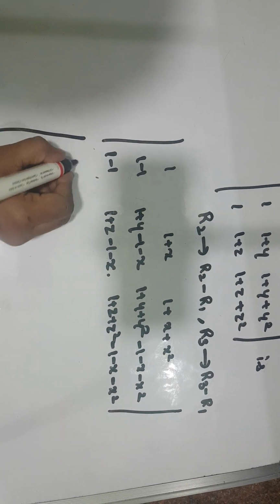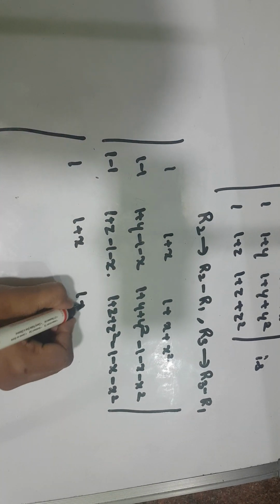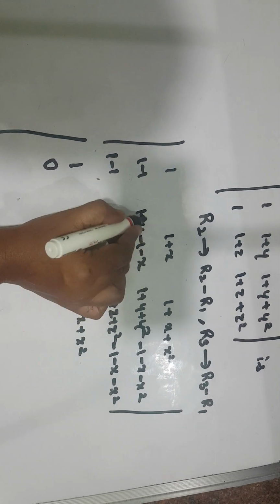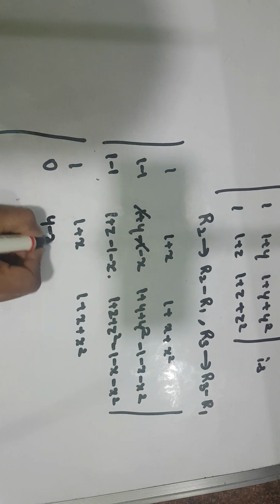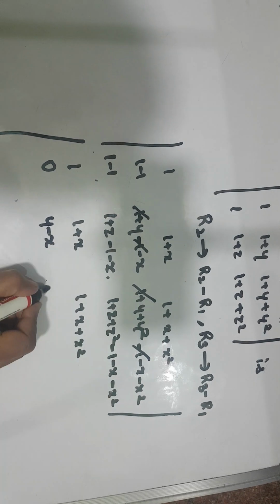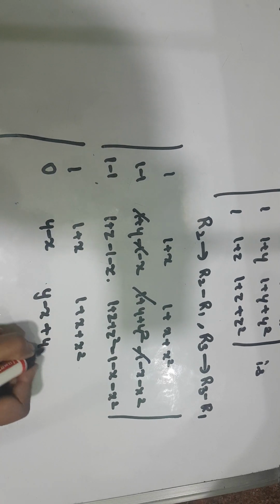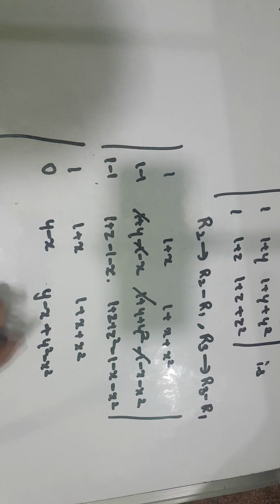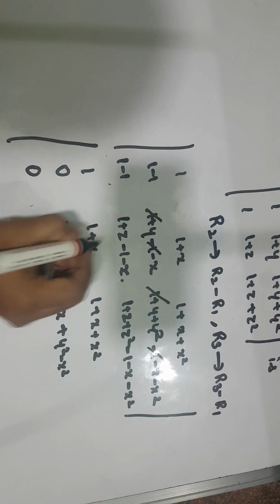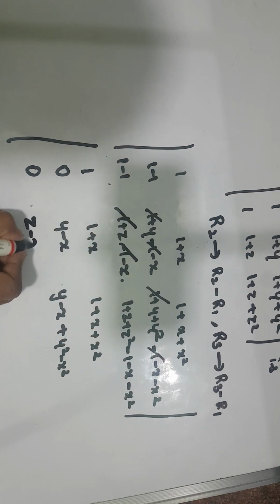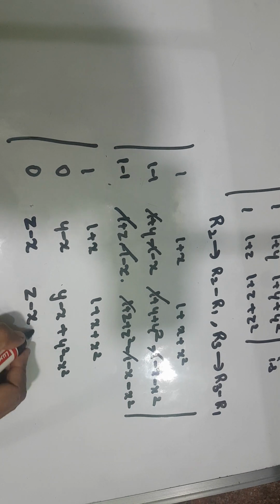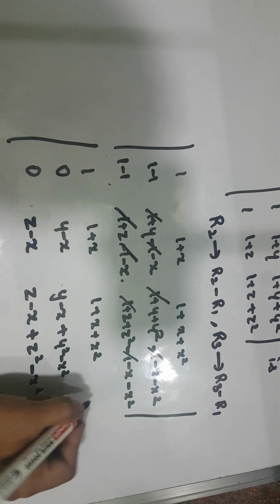So these values become 1 plus x plus x square, 1 minus 1 which is 0, plus 1 minus 1 cancels, this is y minus x, and y minus x plus y square minus x square. Here 1 minus 1 is 0, and 1 minus 1 cancels, this is z minus x plus z square minus x square.